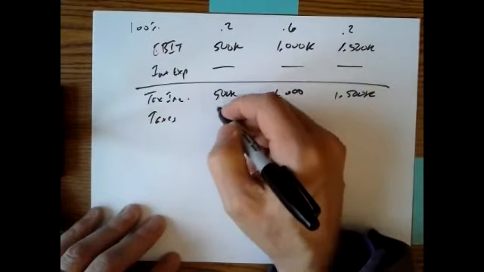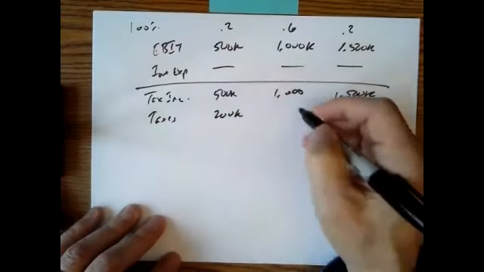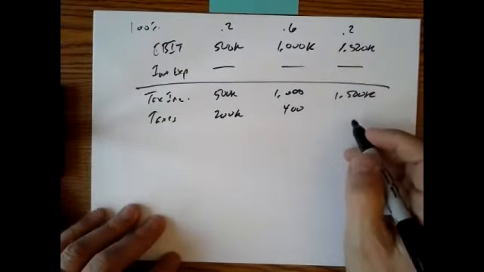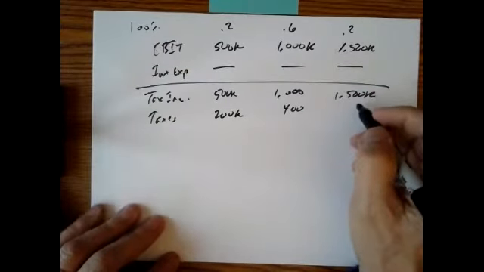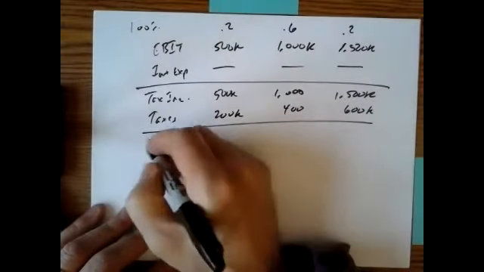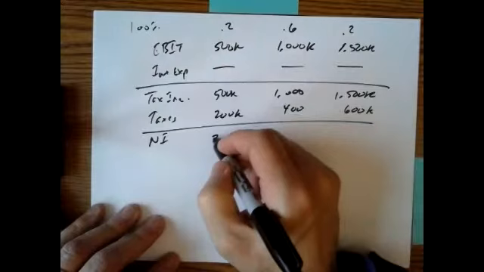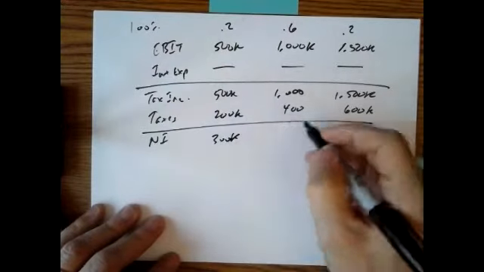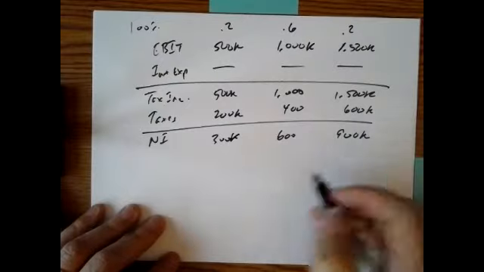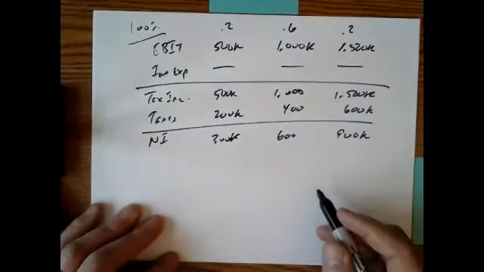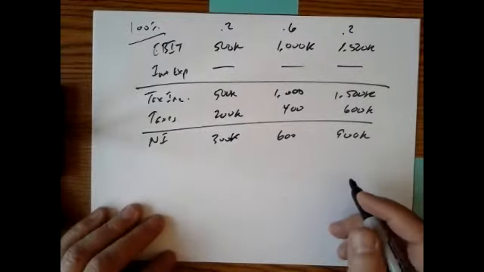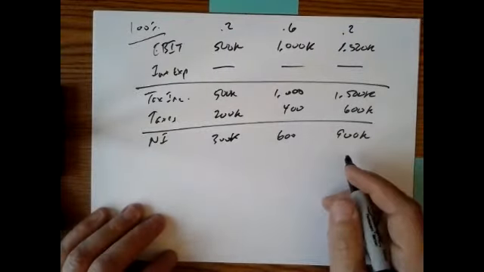So 40% of 500 is 200, 40% of 1,000 is 400, and 40% of 1,500 is 600. So then we have net income of 300, 600, and 900. And since this is 100% equity financed, then the total return to investors is going to be the same as the net income.